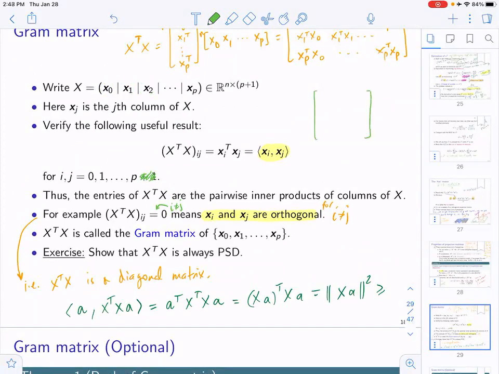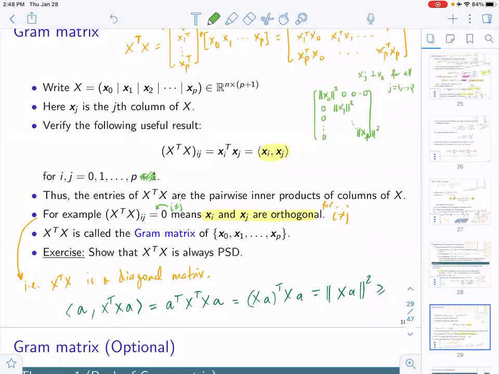I know, for example, that the diagonals are just the norm squared of these vectors. And if I know that, for example, Xj is orthogonal to X0 for all j from 1 to p, then I know that this first row is 0, because these are the inner products with that. The rest I don't know. If I have additional information, I would get that. But that's an example of how you can use this to do some quick calculations.